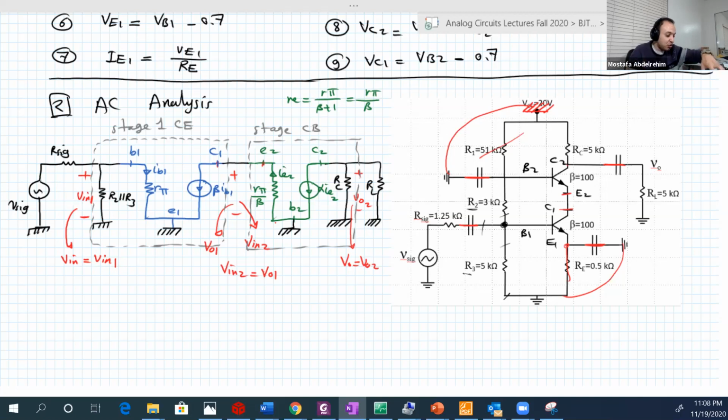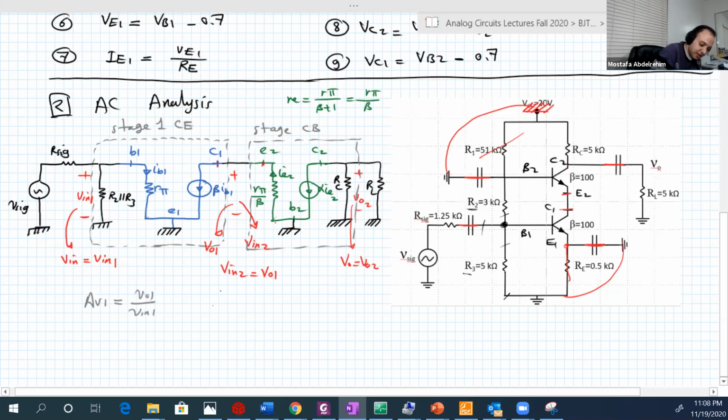You will just need to solve the circuit to find AV1. AV1 is basically the output 1 over the input 1. AV2 is actually VO2 over the input 2. AV, the total, is just VO over VIN, which is VO2 over the input 1.